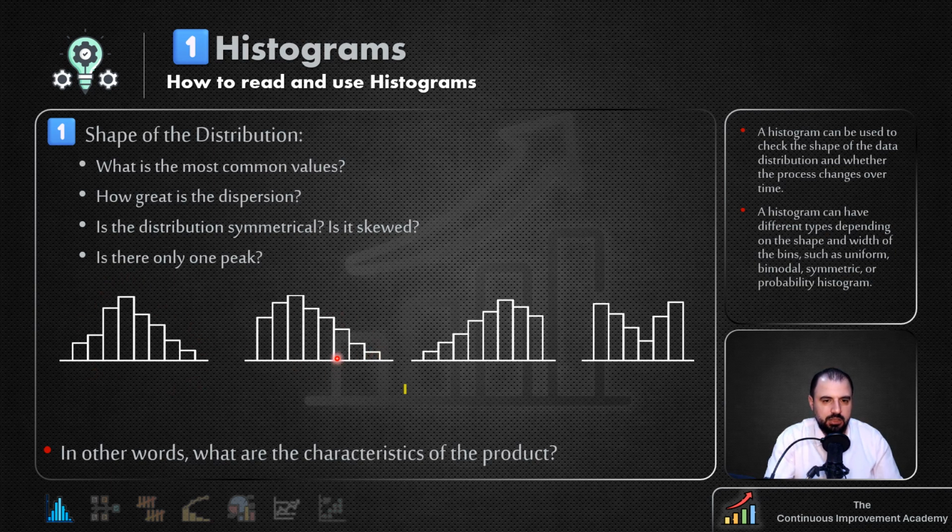This one doesn't look symmetrical. It's skewed, and this one also is skewed. This is a bit symmetrical, but it has multiple peaks, and by having multiple peaks, we can see that we have most of the performance either on the lower end or at the higher end.